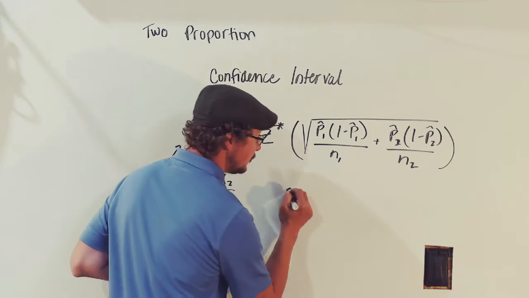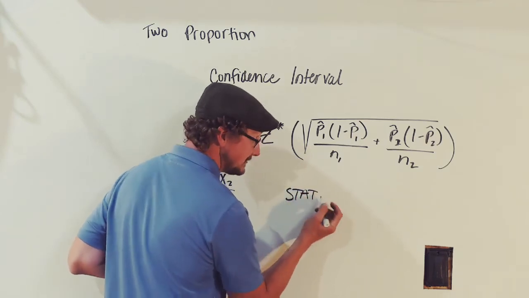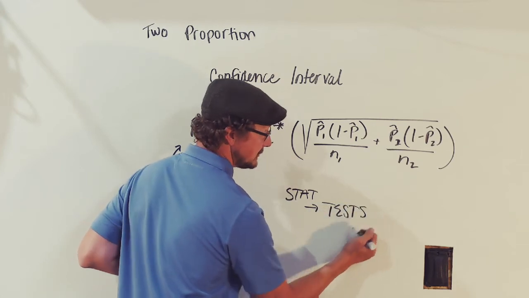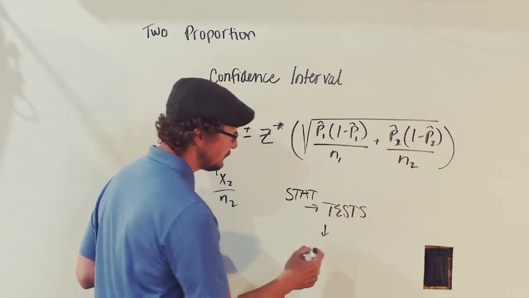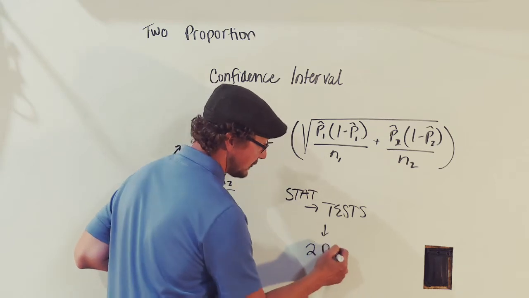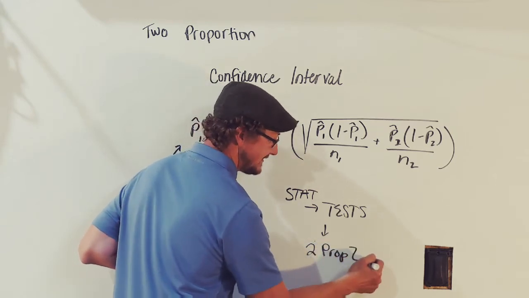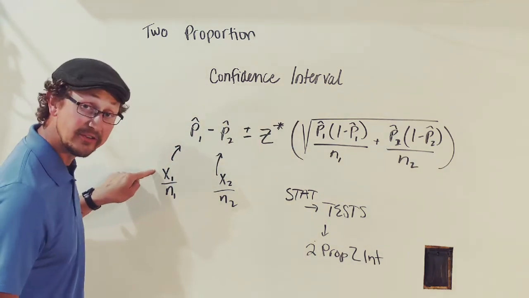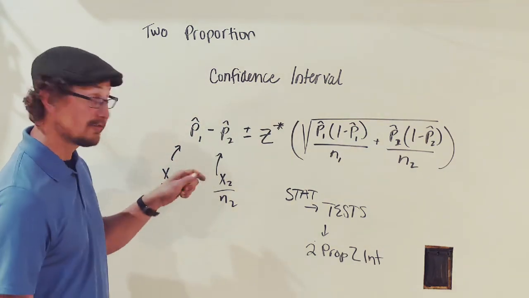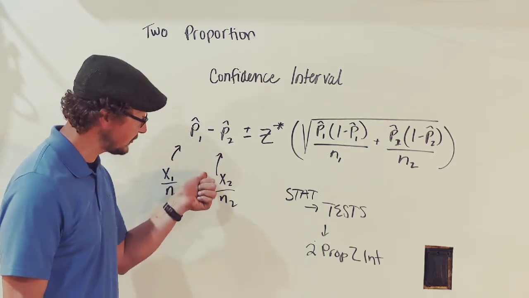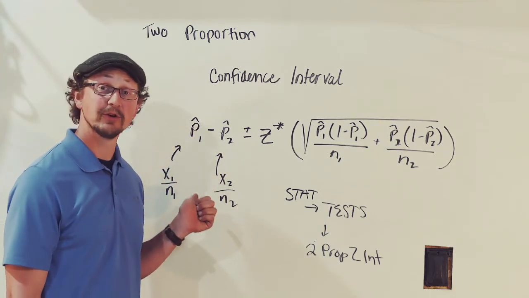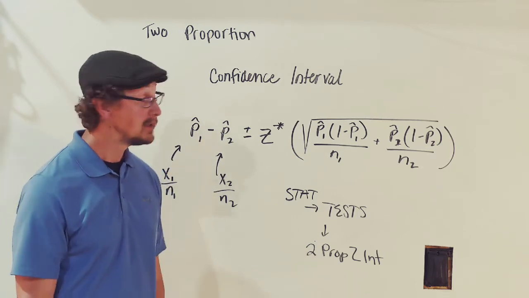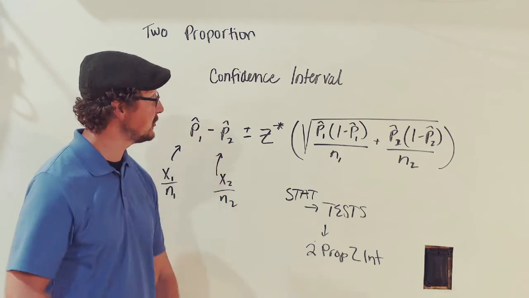You're going to hit your stat button, go over to the tests menu, and then go down until you find a two proportion z interval, and if you sub in the successes and the sample size for your first set and your successes and your sample size for your second set, that's pretty much all you need to do. Oh, and the confidence level. And that's how we do a confidence interval.